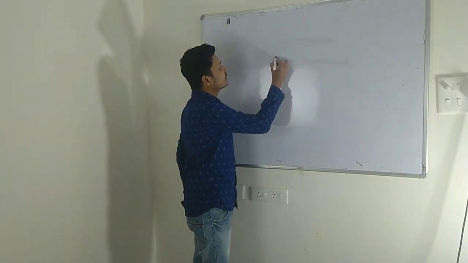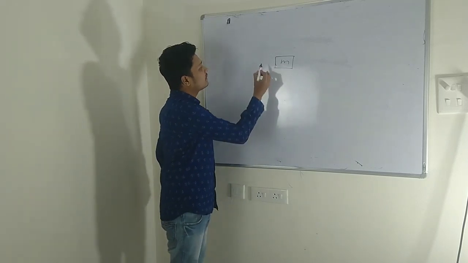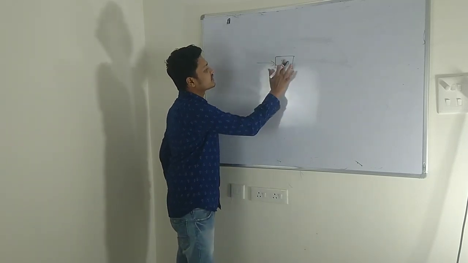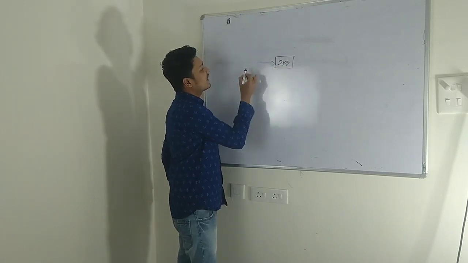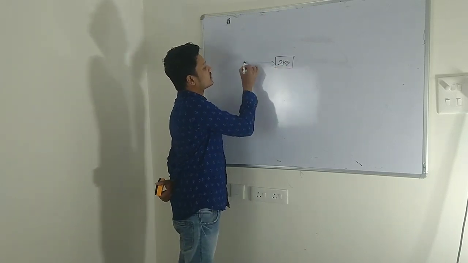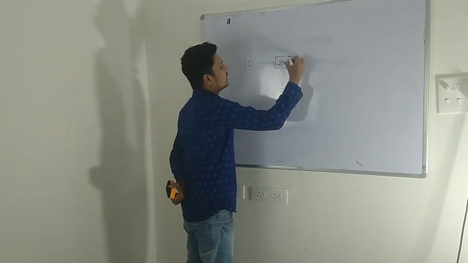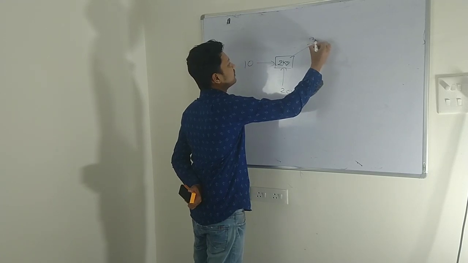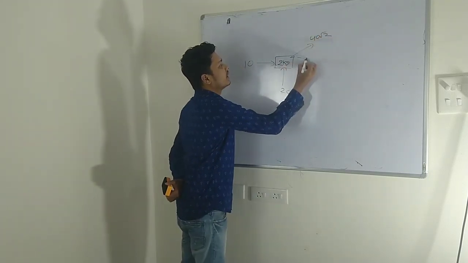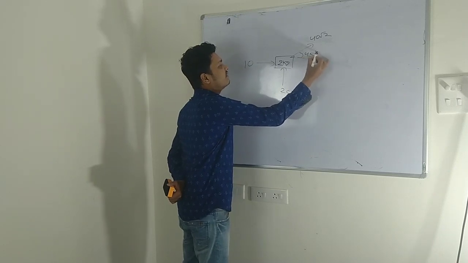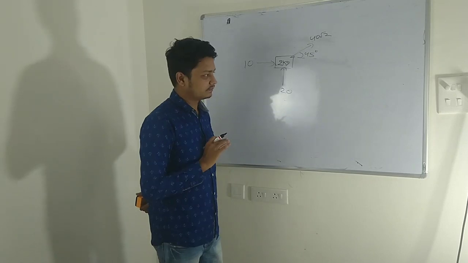Here I have an object of mass m. Let me give three forces. The mass is, let's say, 2 kg, and let me apply one force of 10 Newton, another force of 20 Newton, and another force of 40 root 2 Newton at an angle of 45 degrees. How do we find the acceleration?